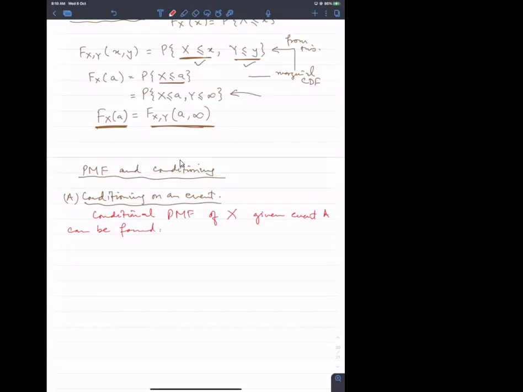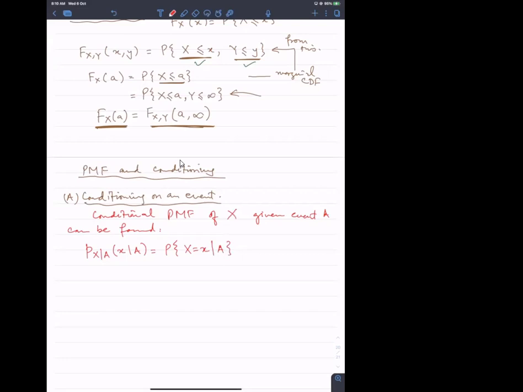Okay. The notation that we use is the PMF of x given A. So here you can see that this is nothing but the PMF of x, and this is conditioned on A. Everything is given A. So this is equal to the probability that x takes the value x given the event A happens.